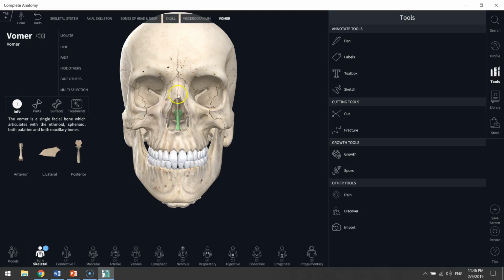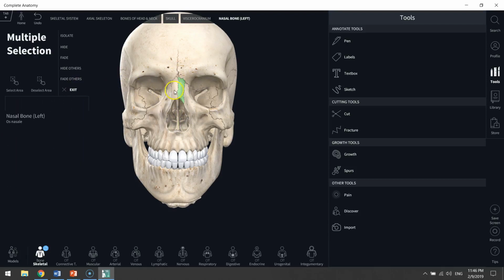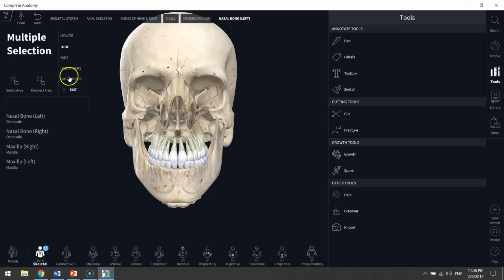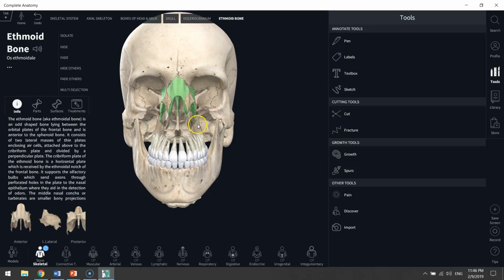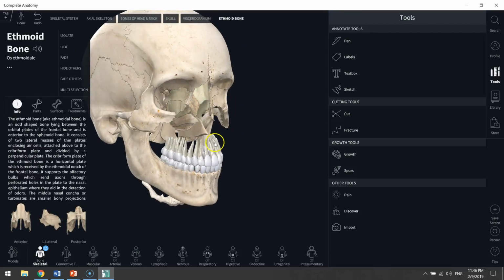If we were to hide some of these bones, the facial bones, nasal, and the maxillary bones, you can see the ethmoid bone much more clearly.